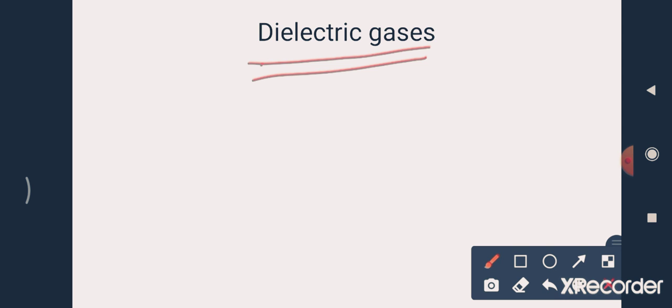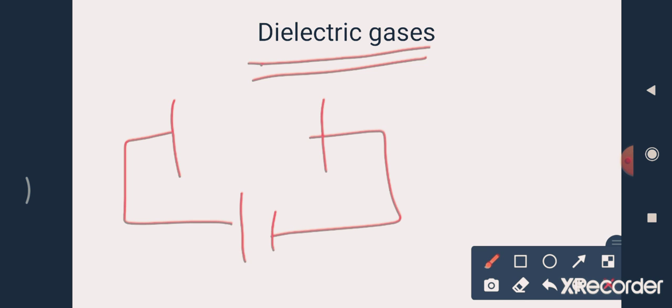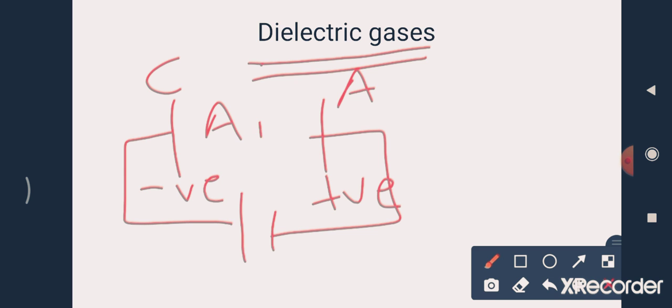What do you mean by ionization by collision? Consider two plates connected across high voltage. One plate is considered as a cathode and it has negative charge, and one plate is considered as an anode and it has positive charge. Both plates are separated by air as a dielectric gas.